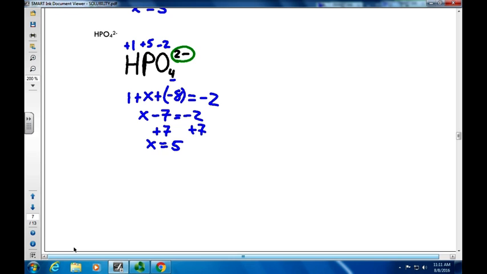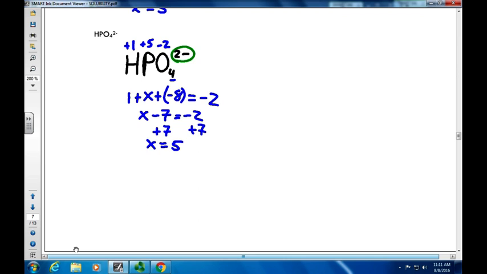So whenever you encounter a problem that asks you to identify the oxidation state, or sometimes referred to as the oxidation number, on a given element within a compound, the first thing you want to look at are your hydrogens and oxygens. If your hydrogen is there and it's attached to a non-metal, it has a +1 charge. If it is attached to a metal, it has a -1 charge.